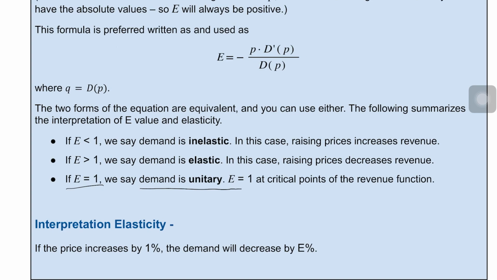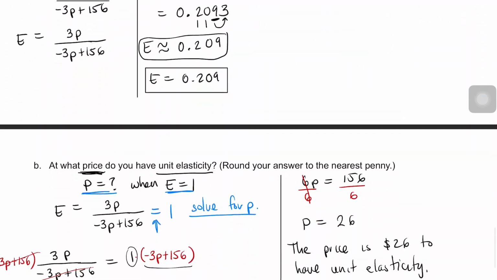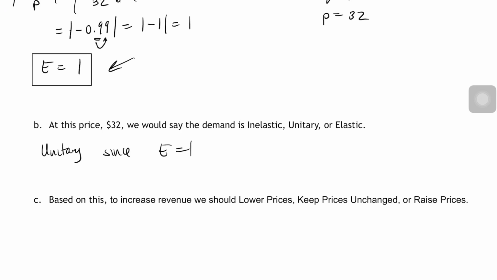The demand is unitary, and so we're gonna leave the prices unchanged to increase revenue. In fact, you cannot increase this further, because that's actually the maximum revenue you can have, right? So you want to keep the prices so you can keep the maximum revenue.